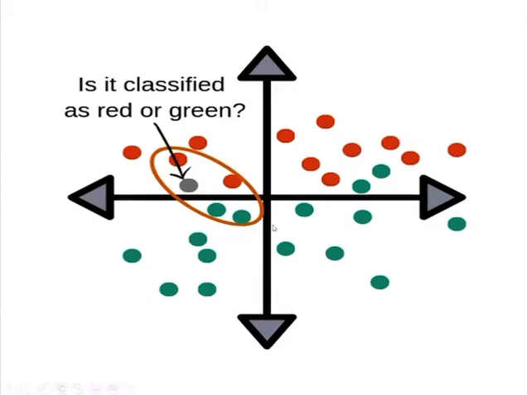Now, when you take a look at what I have here, we have green and we have red, and we're looking at this point here to decide whether it is going to be classified as red or as green. And if you look at the position it occupies on these four cardinal points, we have other balls of other colors that may also be occupying the position.